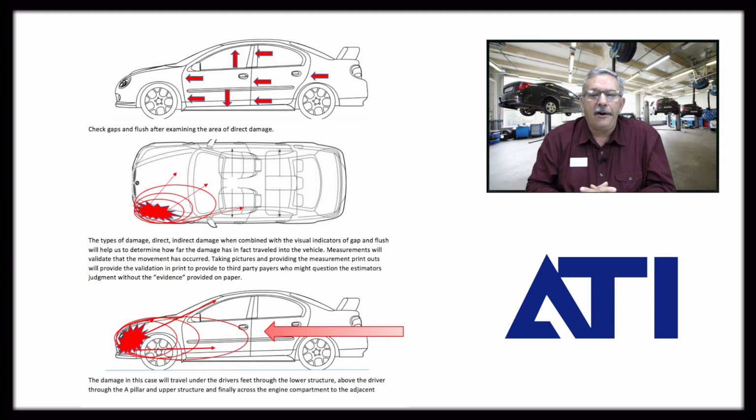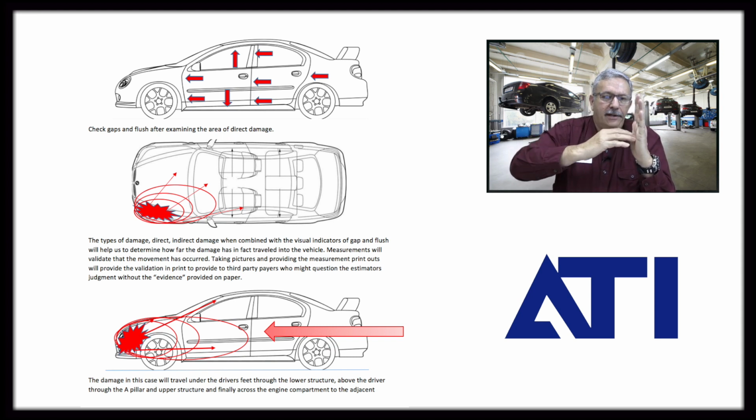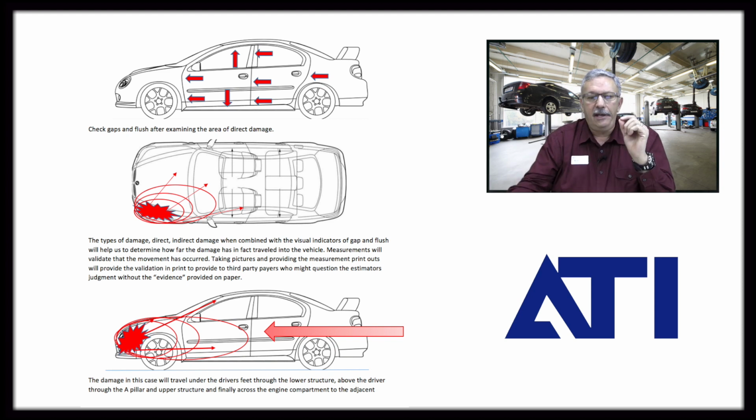The thick red arrow is showing you that you've got to remember that once the front stops, the back of the car is going to try and catch up to the front until the energy dissipates enough so that the vehicle stops moving. And that's going to happen 100% of the time. That crash pulse is going to occur. 100% of the time, the area away from the impact will try and get to the area of the direct impact. And so we'll cover that more as we go through the program.